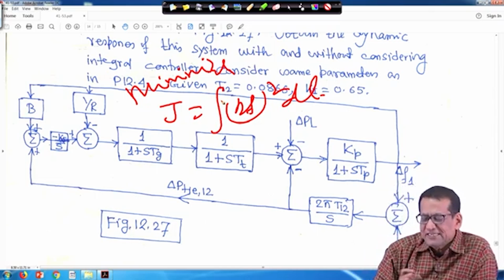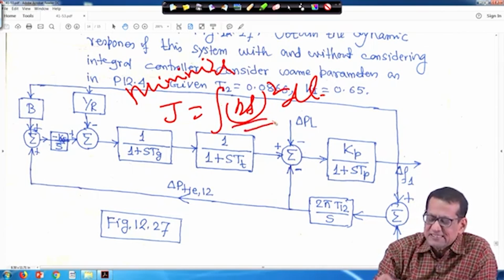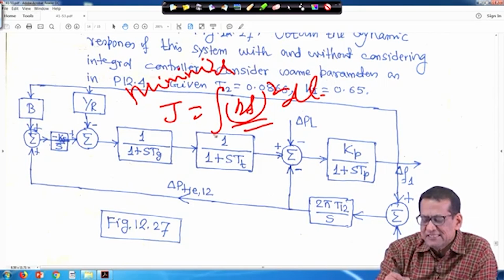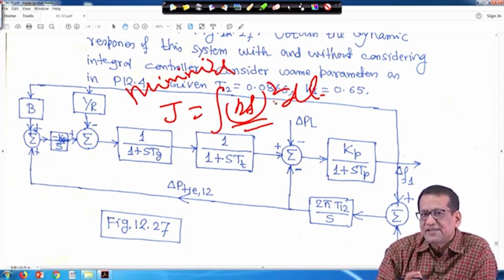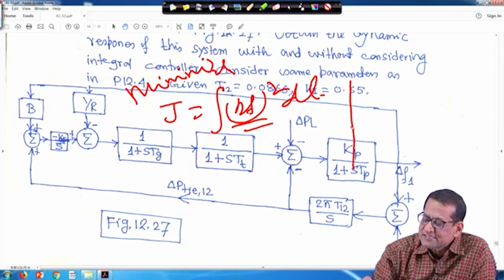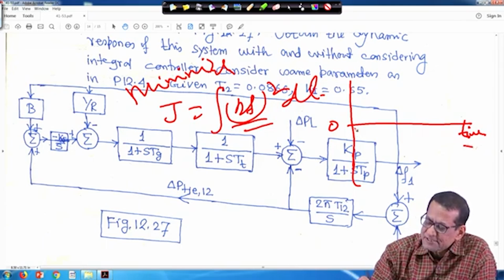Generally there are different other types of performance indices, but this one has some meaning. It is the integration of delta F square dt. Suppose this is the origin and this axis is the time axis, and the response is like this.